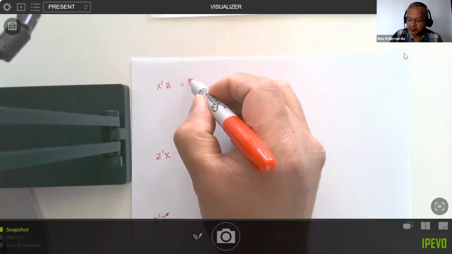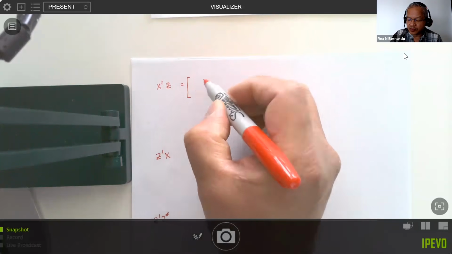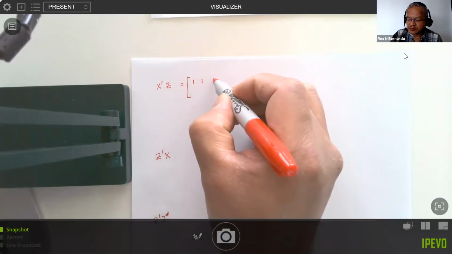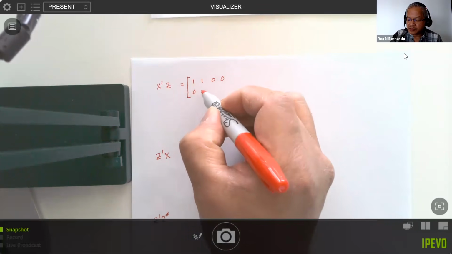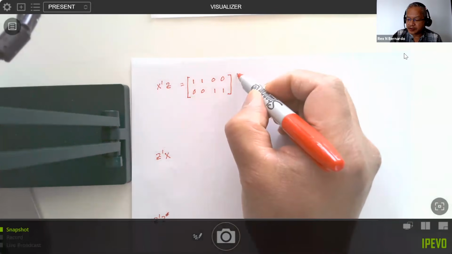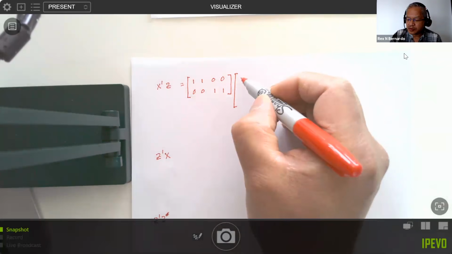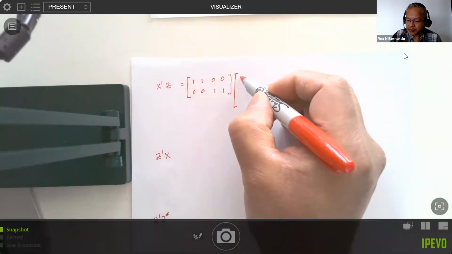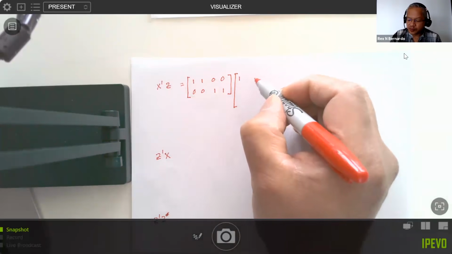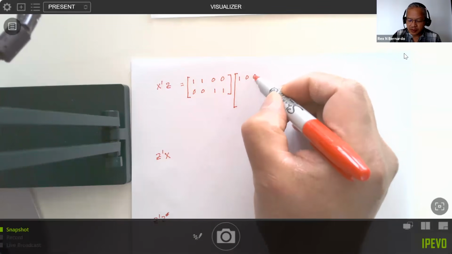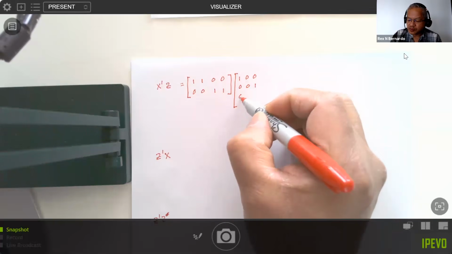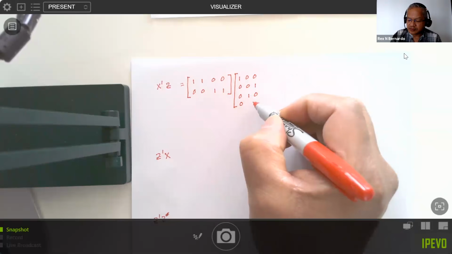So your X prime, which is the same as before, in the previous one we worked with, was 0 1 1 0, 0 0 0 1 1, and then the Z matrix was 1 0 0, 0 0 1, 0 1 0 and 0 0 1.